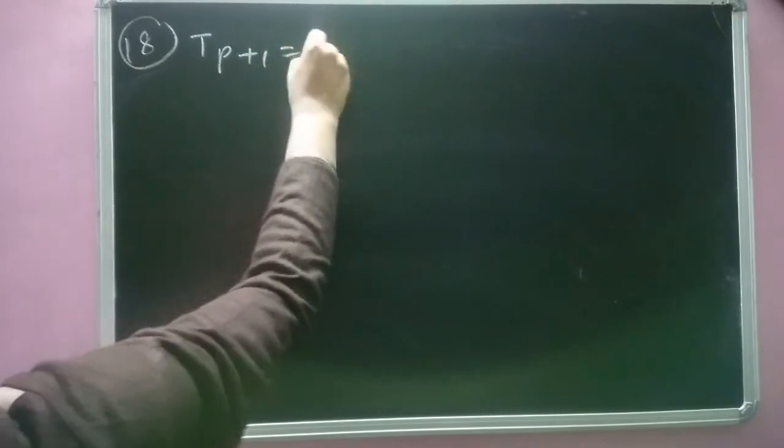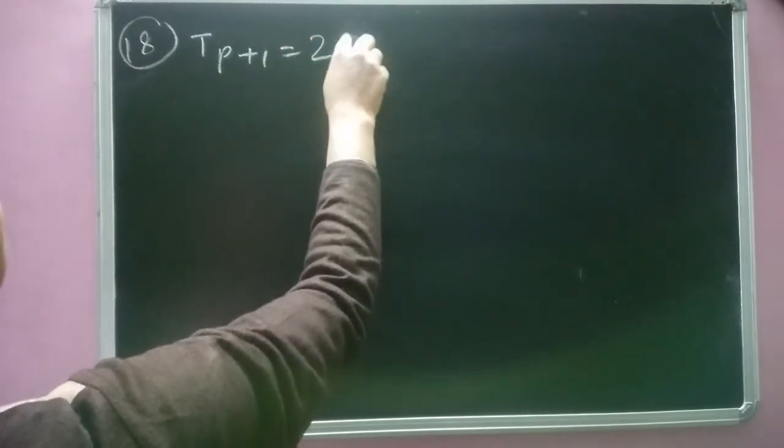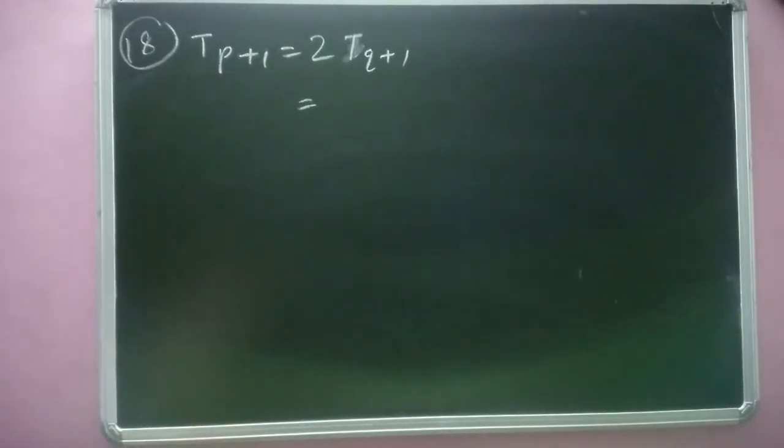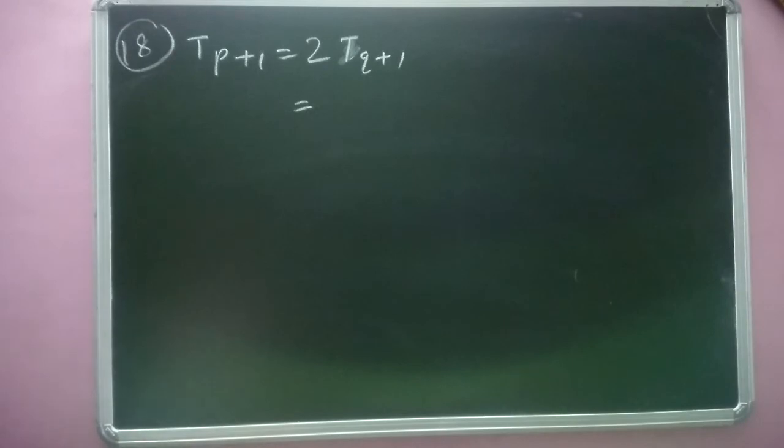So it is already given that T(p+1) is 2 times T(q+1). So the condition given is T(p+1) is twice of T(q+1). And you have to prove that the (3p plus 1)th term is twice the (p plus q plus 1)th term.